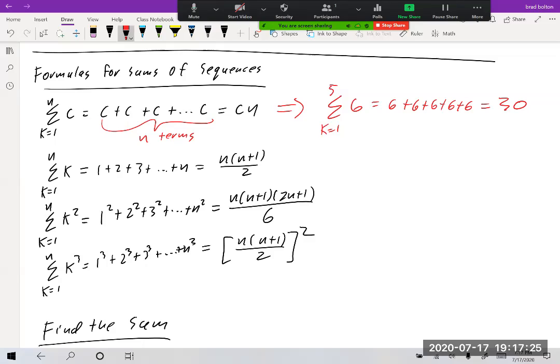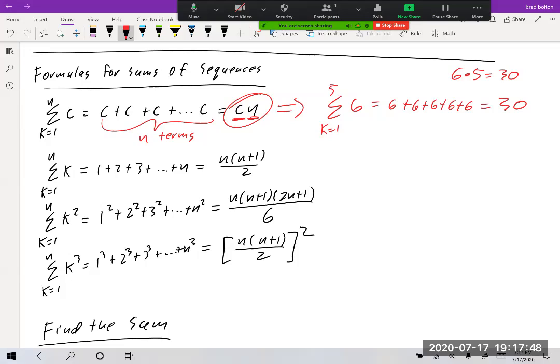Wouldn't that just be 30? So they're saying, why not just do n times c. Whatever the constant was, in our case 6, times the stopping point, 5, so we would get 30. So if you ever are doing a summation of a constant, you can just multiply where you end at times the constant, okay?